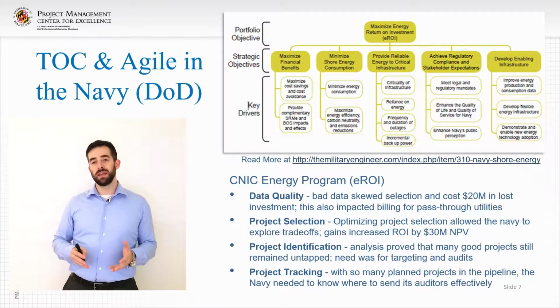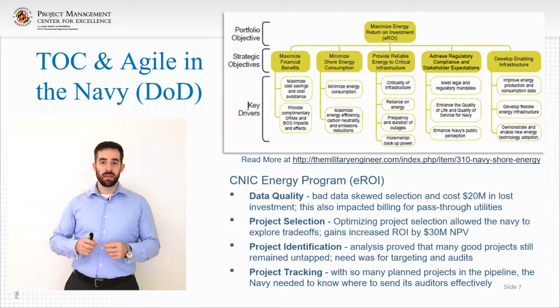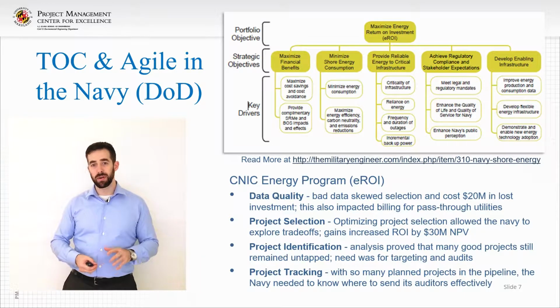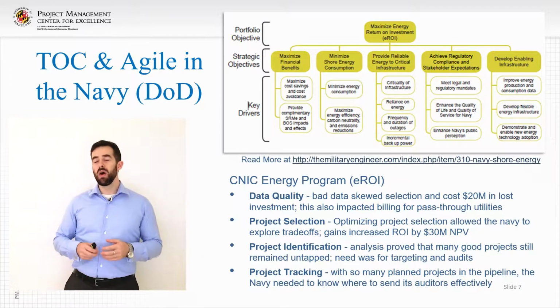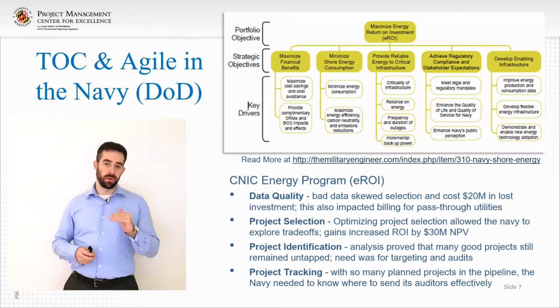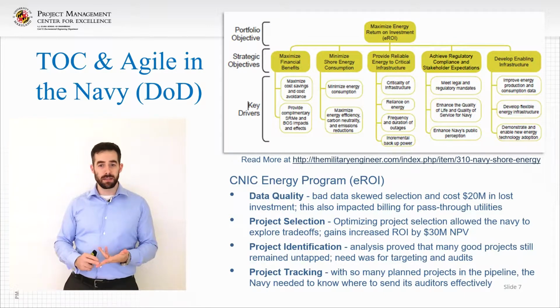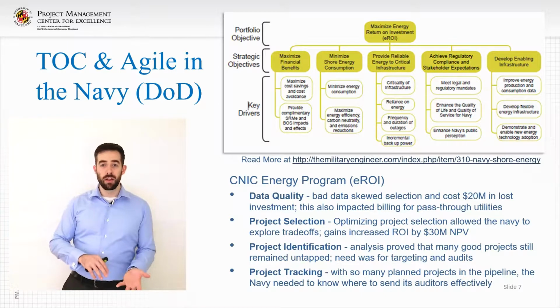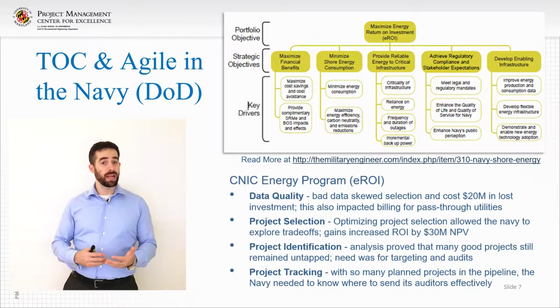The Navy needed a way to pick projects that were going to affect the energy use of buildings, either the type of energy the building was using, turning it from brown power or dirty power to green power, renewables, or making the buildings more efficient by changing the lighting or the HVAC systems or adding insulation, etc. Over the course of about 4 years, we iteratively improved on the system, and it was an application of the theory of constraints along with Agile principles, and we ran it as a Scrum team.